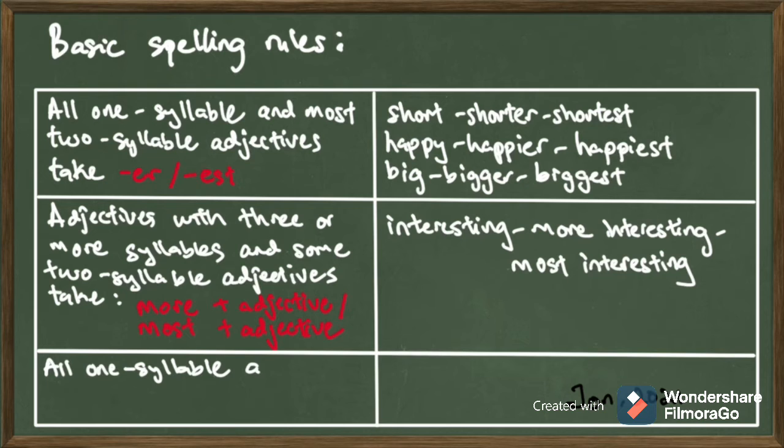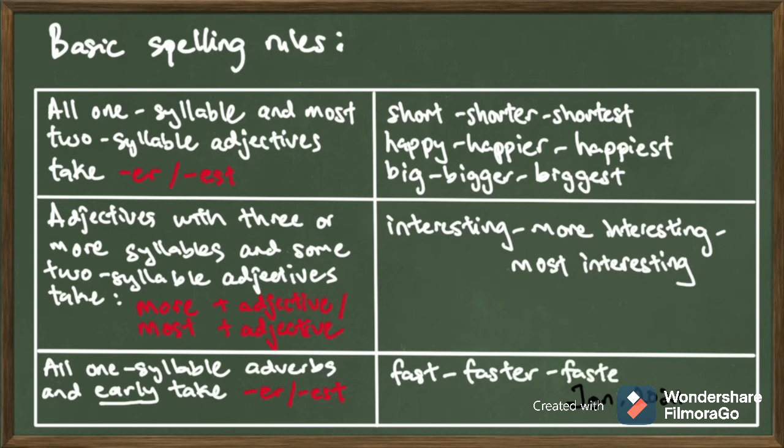The third rule is all one syllable adverbs and early take ER or EST. Just look at the examples. Fast, faster, fastest. Early, earlier, earliest. Take a look at their spelling. Faster, then you add EST.